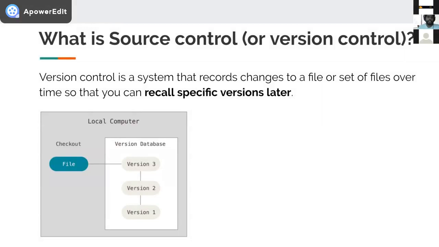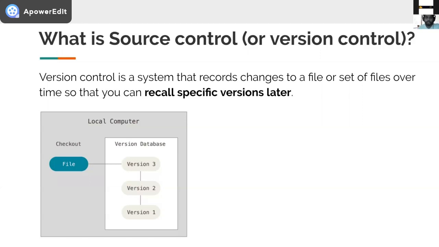So let me start by asking the question: what is source control or version control? In general, it means that in software development, there should be a way for you to recall a specific version at a later time in your workflow.